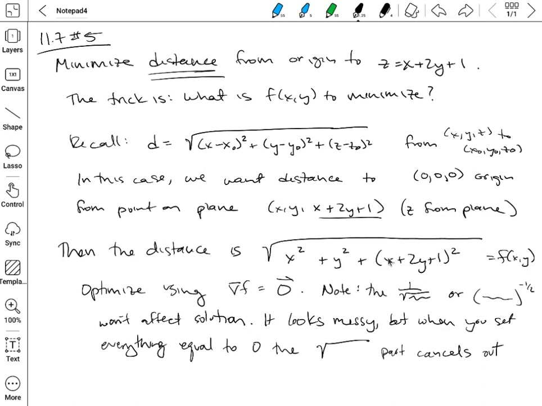And so you should just have pretty straightforward linear functions to solve equal to 0 once you ignore that part.